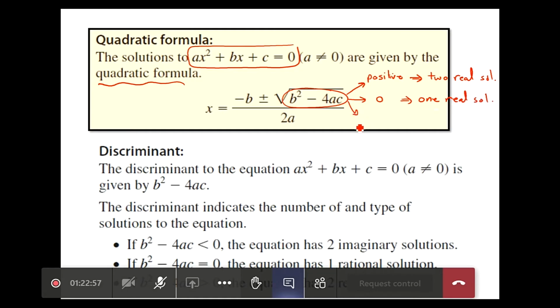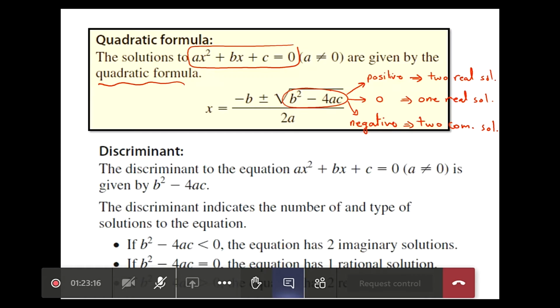If the discriminant is negative, less than 0, we have two complex solutions. Okay.